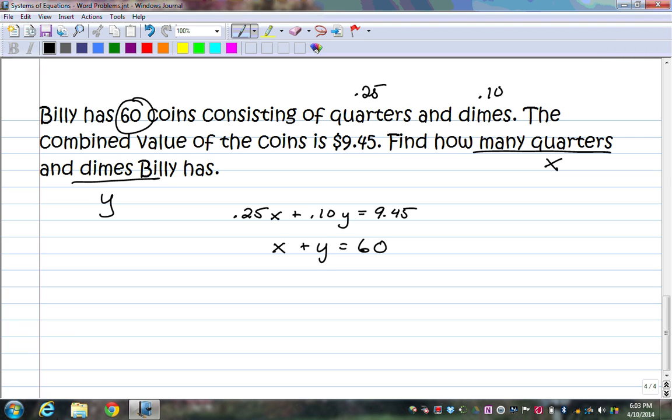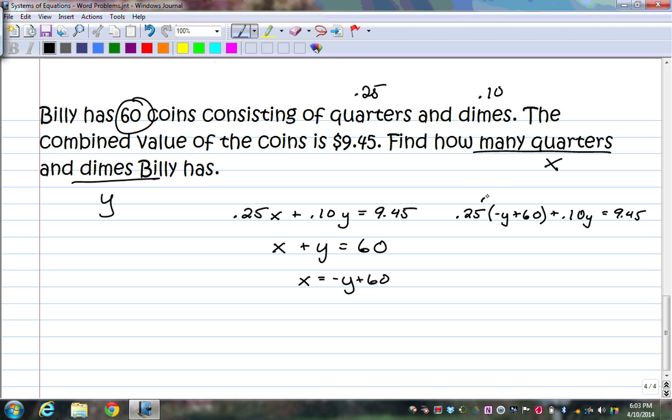So I'm going to do substitution again. It makes sense because you have x and y here. I'm going to get rid of that y, and I'm going to have x is equal to negative y plus 60. If I put this into the other equation, then I have 0.25 times x, which I'm saying is negative y plus 60, plus 0.10y, that's 10 cents times y, is equal to 9.45.